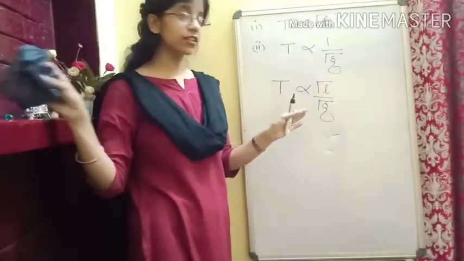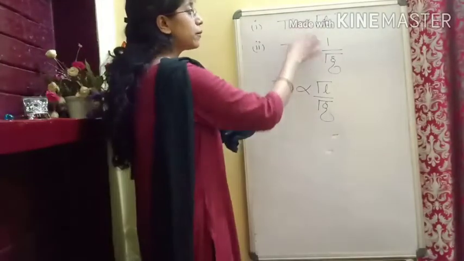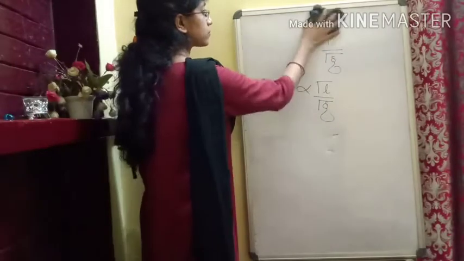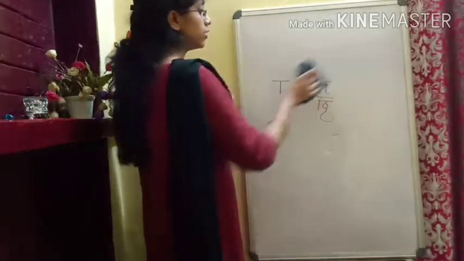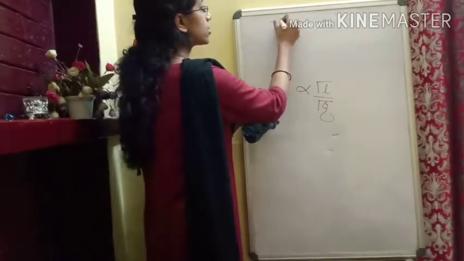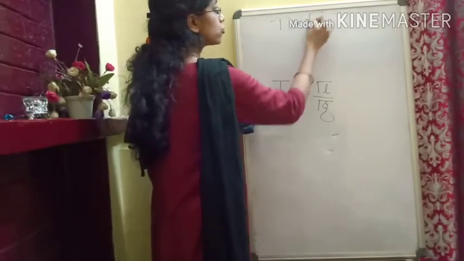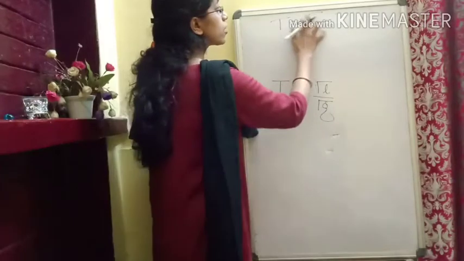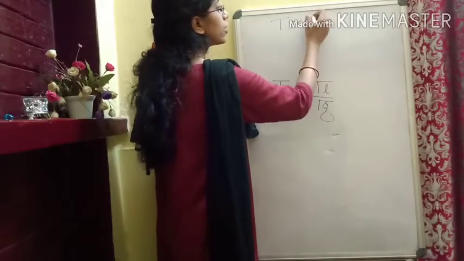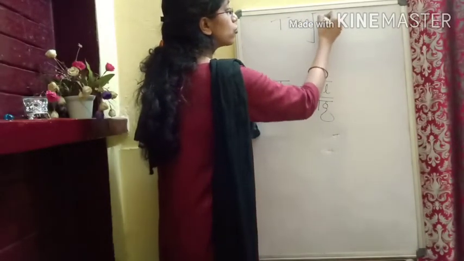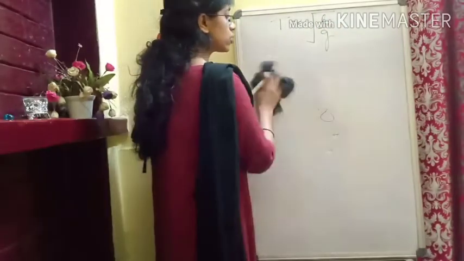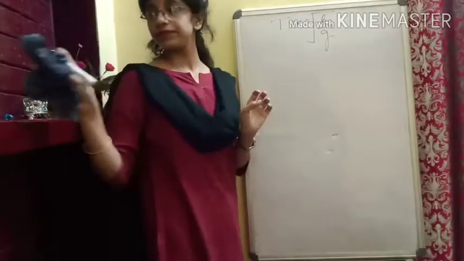Is it clear? I have combined these two pieces of information which we know about time period. Now here we have written an expression that T is proportional to root L upon root g, or you can write one whole square root of L upon g. Indices you have learned. We can write the whole part under the root. Okay, so this is how we have written.